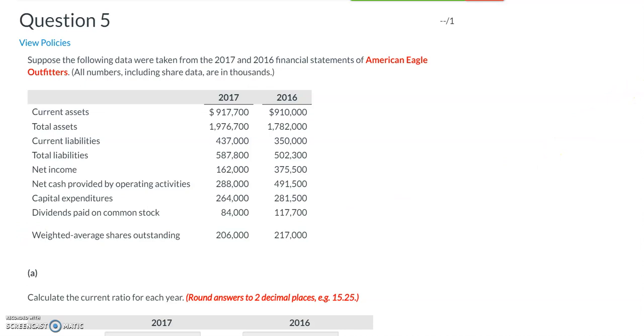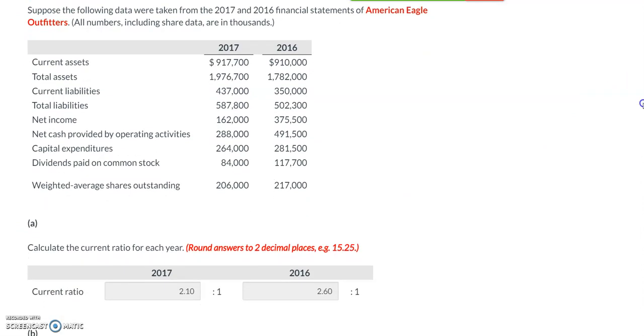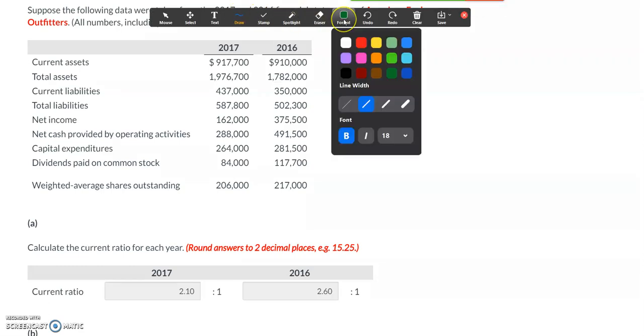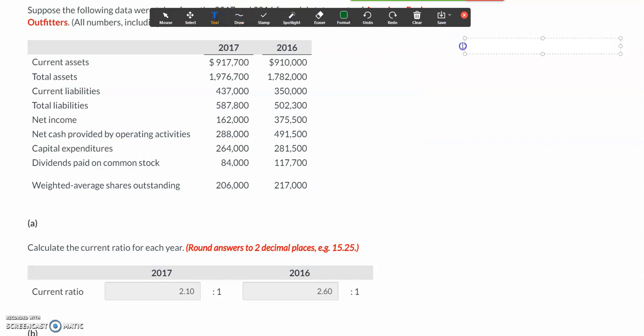The first ratio that we're going to be computing is the current ratio. And the current ratio is going to be a liquidity ratio. So it measures the company's short-term ability to pay its upcoming debt and also meet unexpected needs for cash.